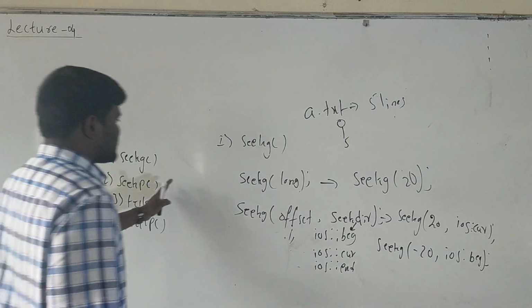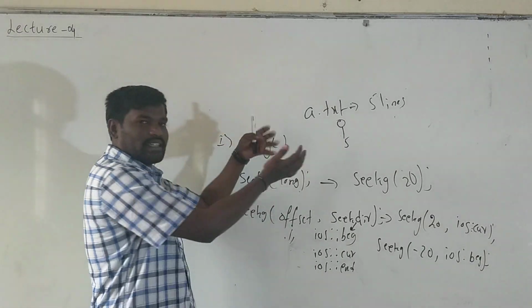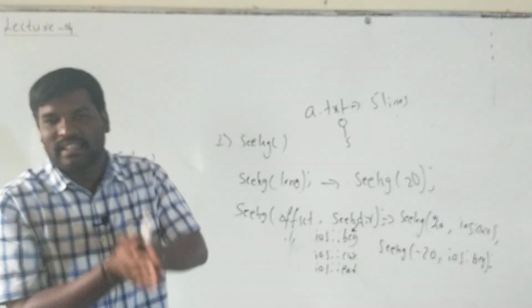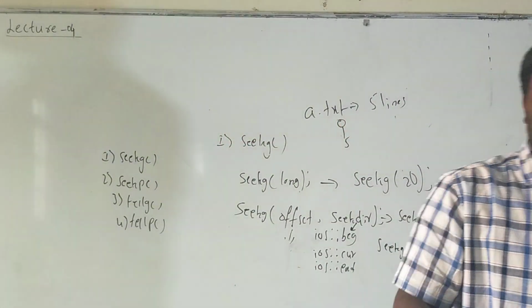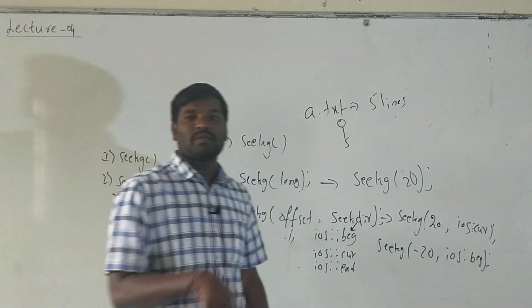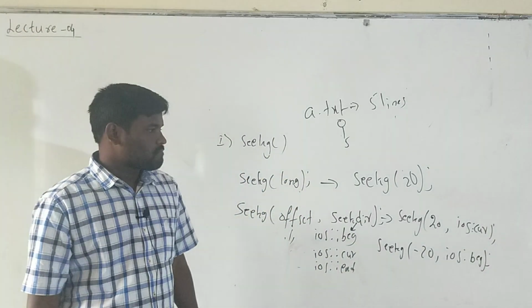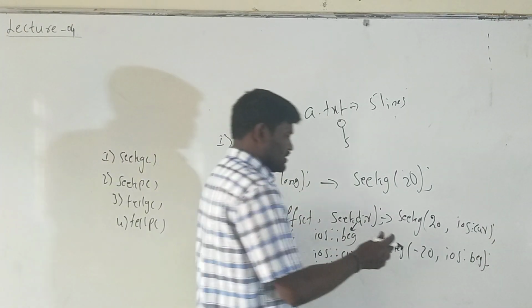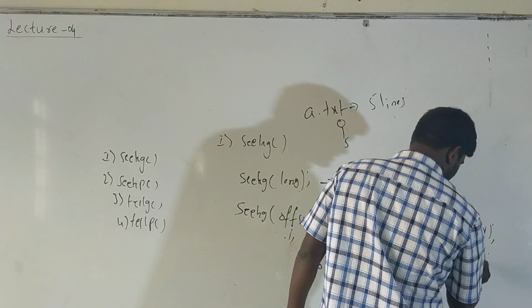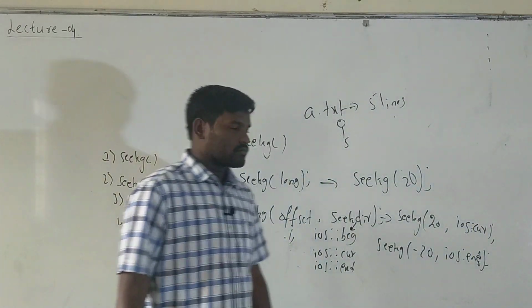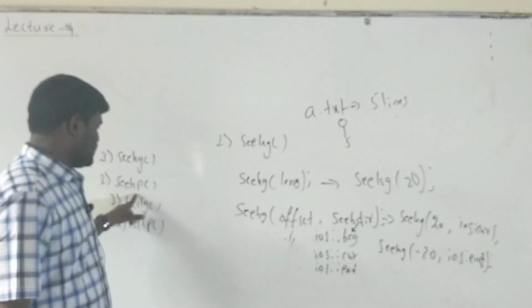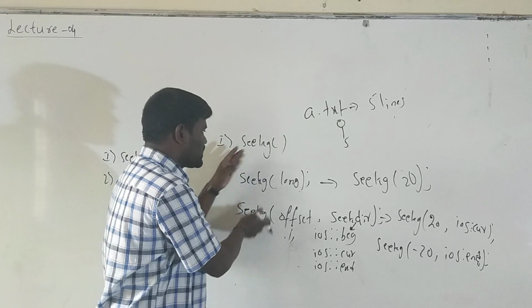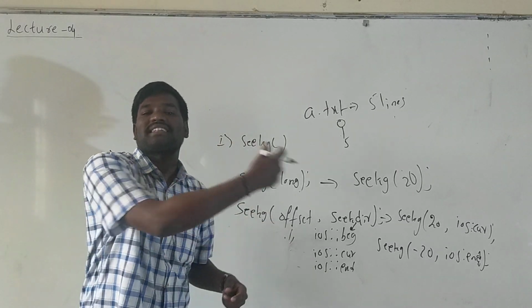In the same way, seekp. G means getting the character from the beginning, from the current position, or from the end. P means exactly the same, but the only difference is putting the character.